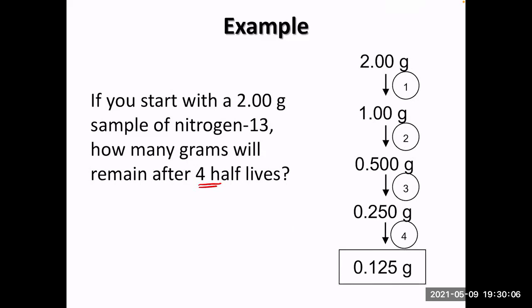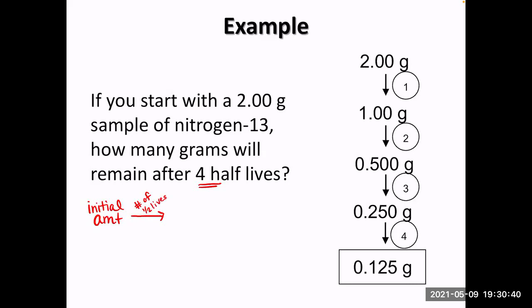So one formula you can use, and it's not really a formula, is you can have your initial amount, and then you're going to have your half-life occur. So you're going to put your number of half-lives: 1, 2, 3, 4.